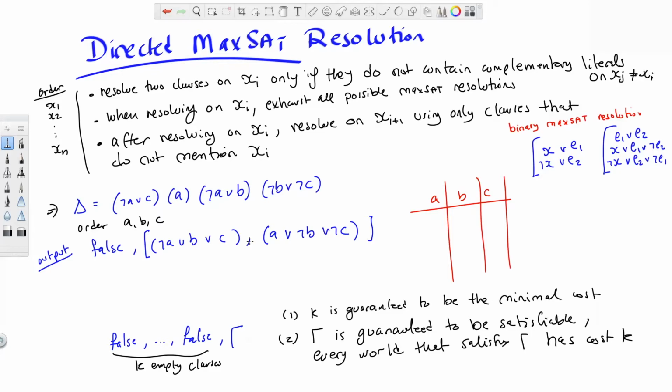And the 2 instantiations that do not satisfy these guys are the ones where you have 1, 0, 0 and 0, 1, 1. Both of these do not satisfy this, and each one of these will have a cost of 2. But all of the others will have a cost of 1. And those guys satisfy gamma, these do not satisfy gamma. And this is our gamma here.